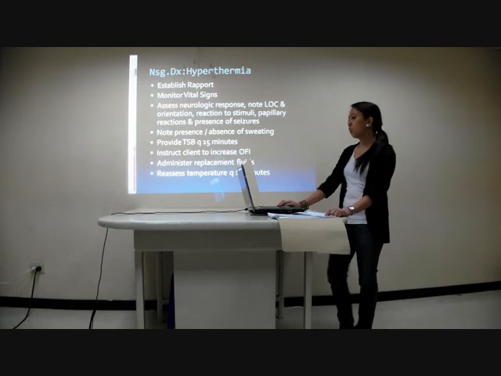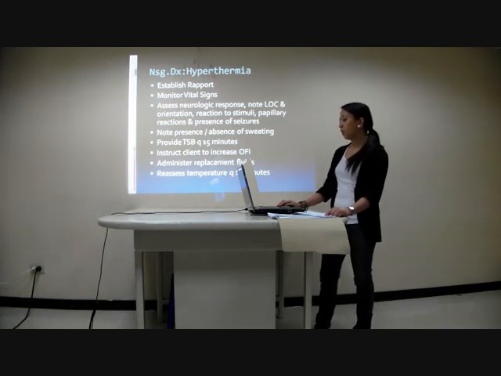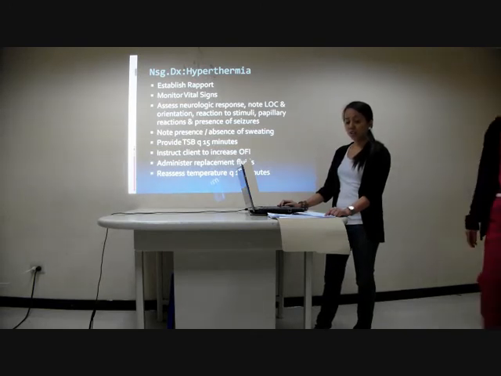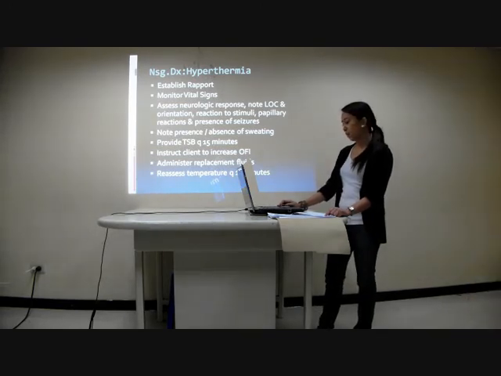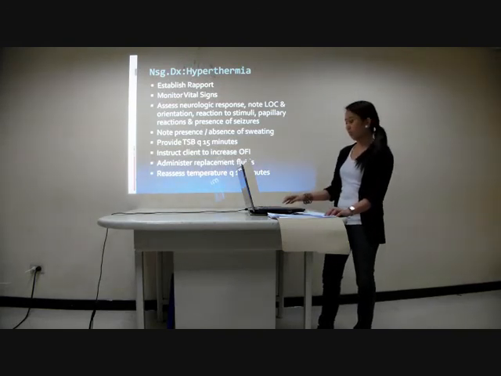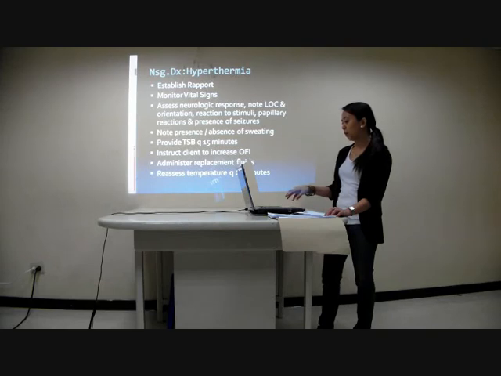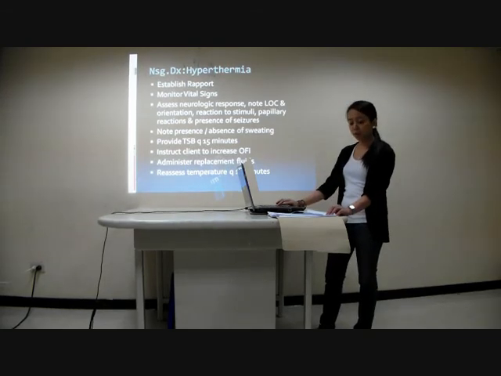Third is to assess neurologic response, note the level of consciousness, orientation, reaction to stimuli, capillary reactions, and presence of seizures. This is to evaluate the effects and extent of hyperthermia. Another one is to note the presence or absence of sweating, to monitor the heat and fluid loss, because we are trying to determine the cause or monitor closely the presence of hyperthermia.